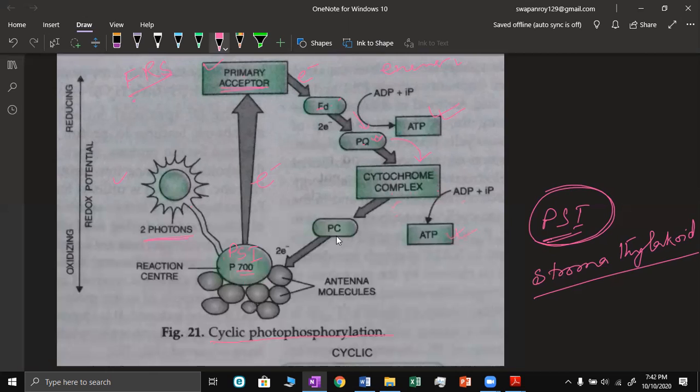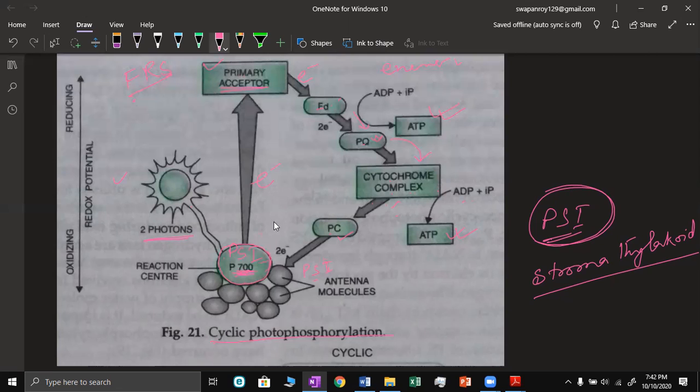From the cytochrome complex it goes to plastocyanin and then back to the reaction center of pigment system 1. So the electrons originate from PS1 and through different electron carriers come back to PS1.